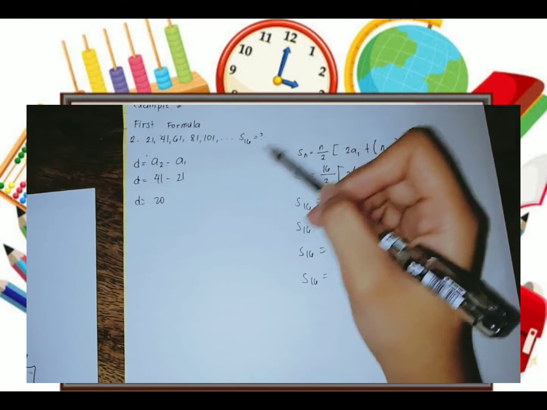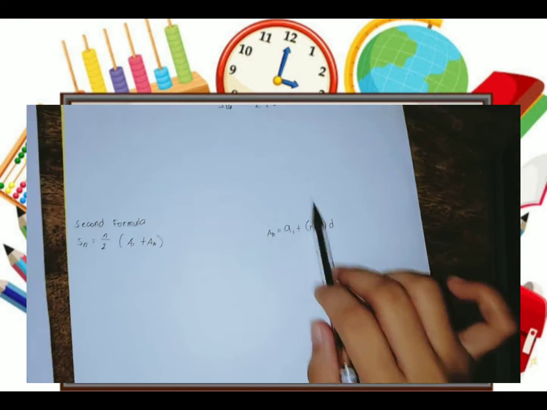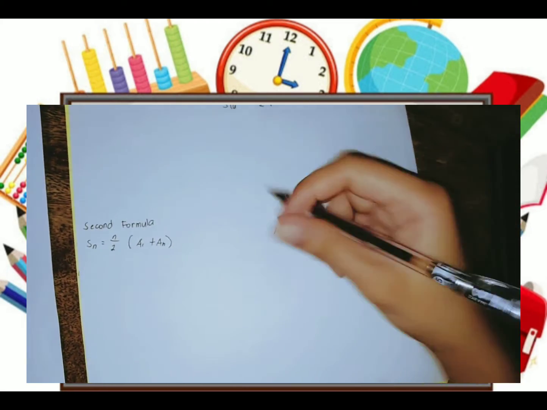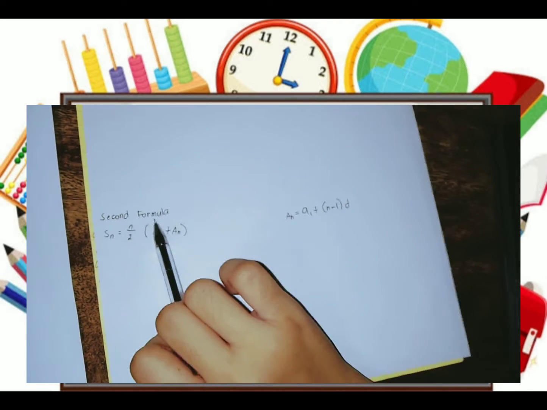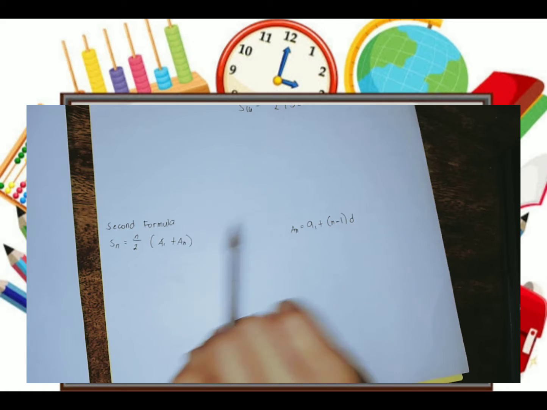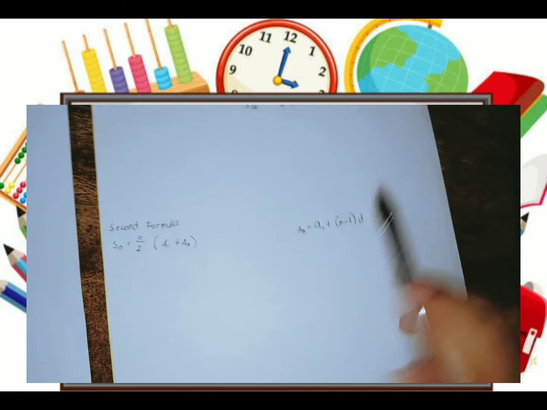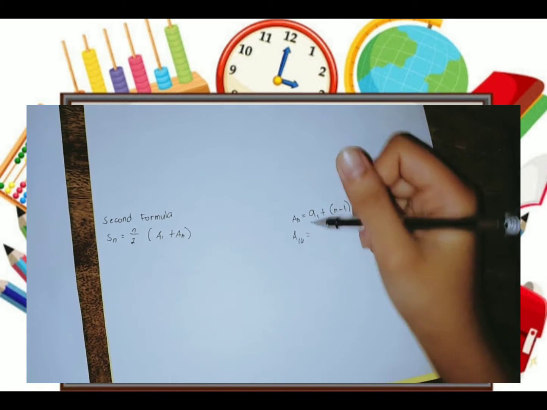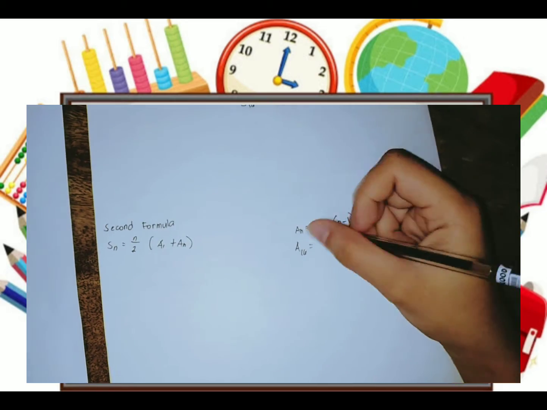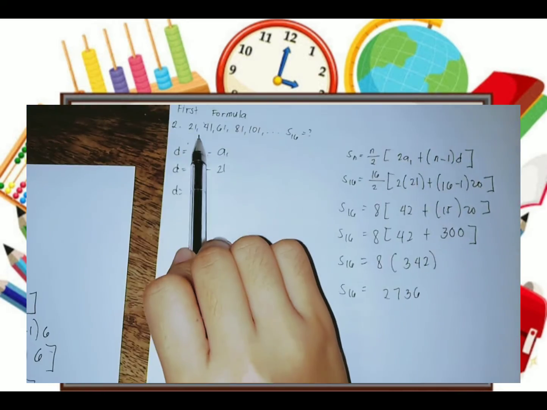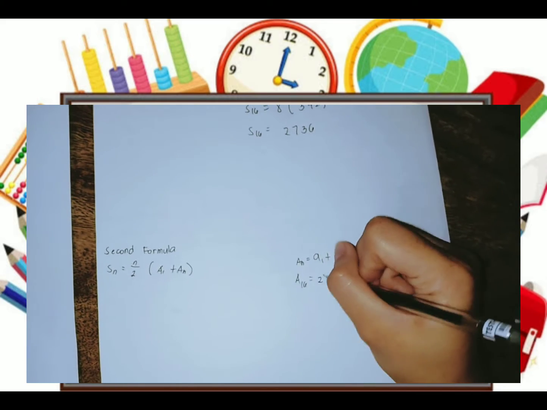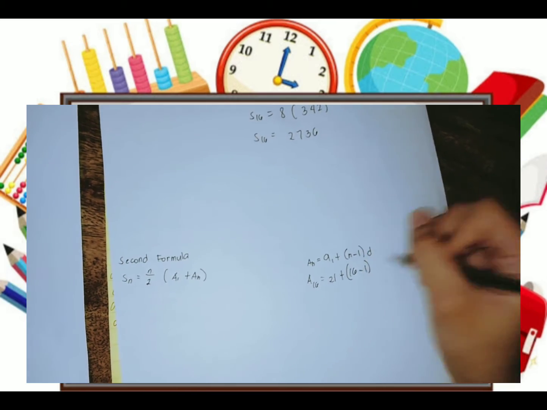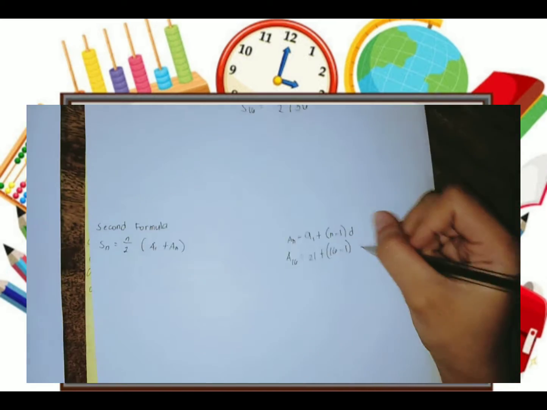Now we are going to use the formula for finding a sub n. Always remember, we are going to use our second formula if a sub n is given. For n, we are going to change it into 16 because that is the last term that we are looking for. So a sub 1 is 21 plus n is 16 minus 1, and our d is 20.